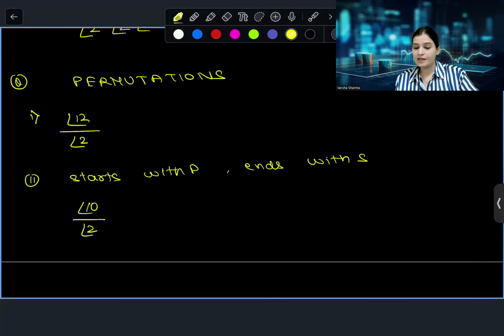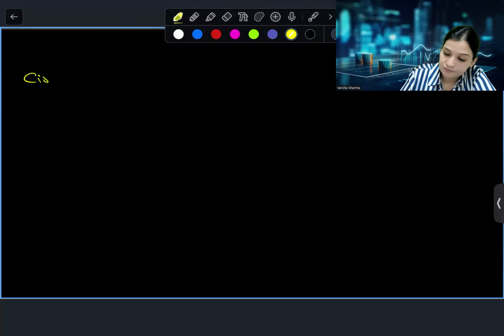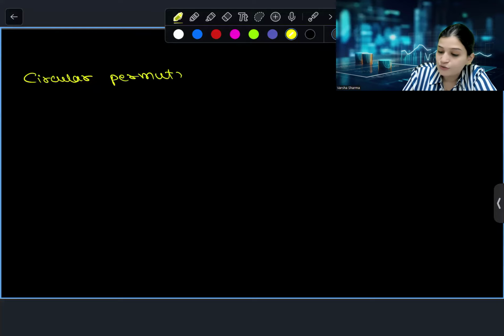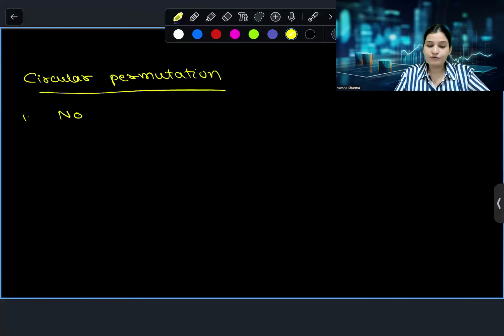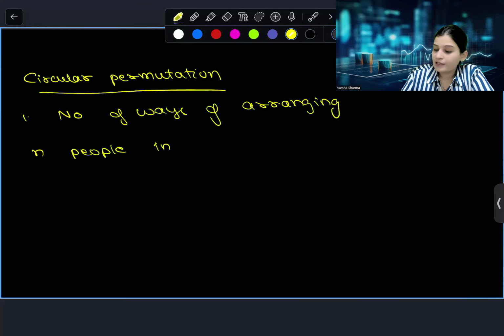Yes, ma'am. In permutation, the last variety is circular permutation. In circular permutation, you only need 2 formulas. First, number of ways of arranging n people in a round table, any round table setting. This will be factorial n minus 1.